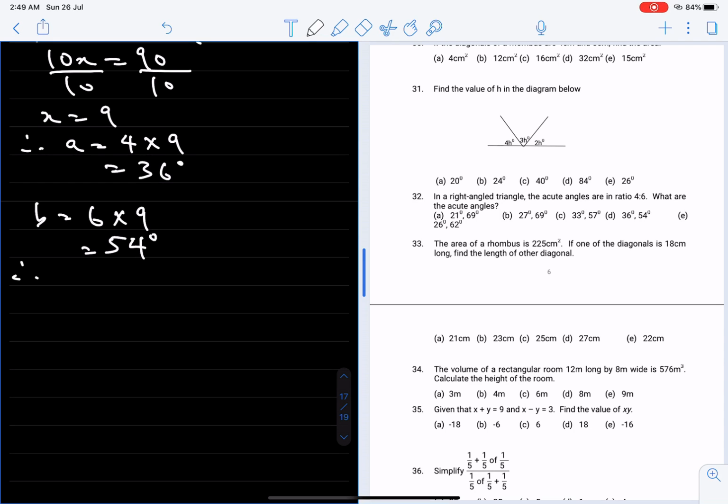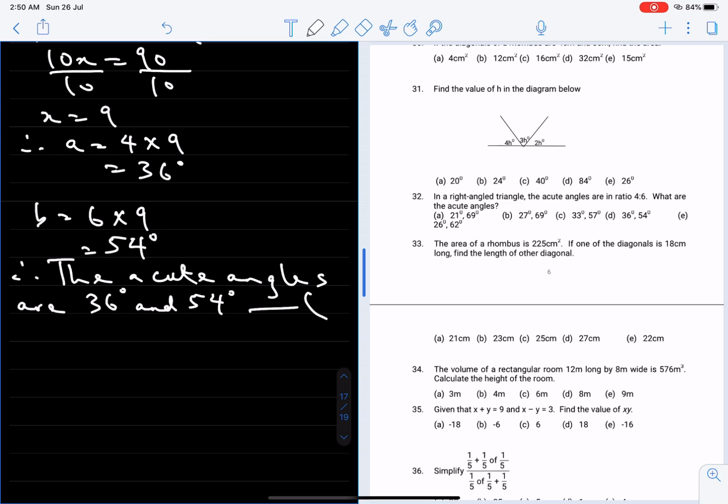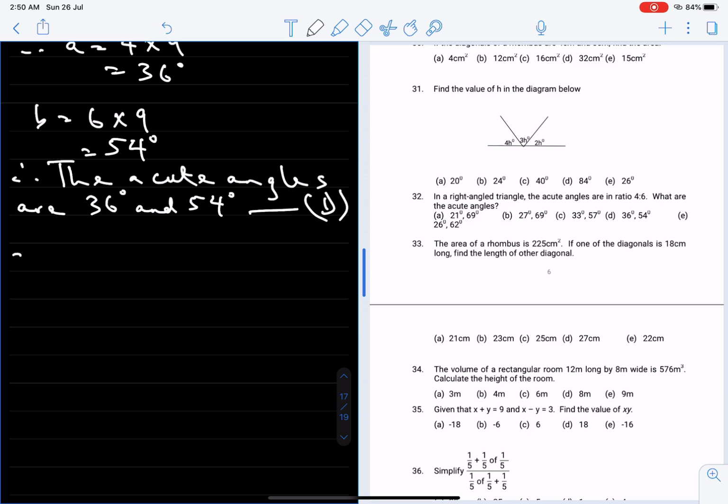Therefore the acute angles are 36 degrees and 54 degrees. What's the correct option? 36, 54. The correct option is D. Now to the next. That was an interesting one.